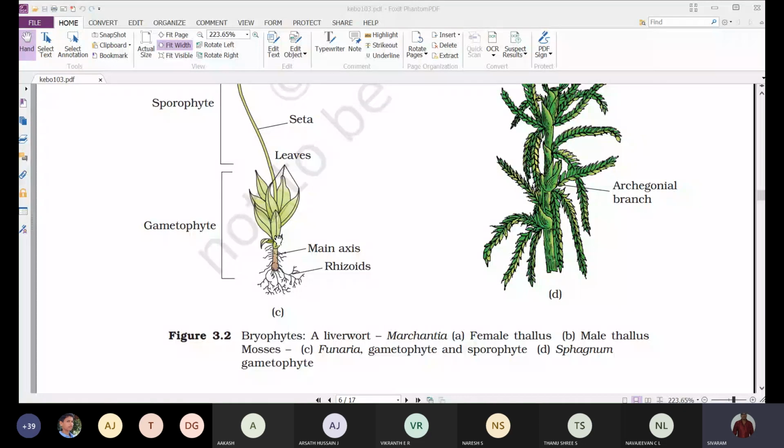The rhizoids of the secondary protonema are multicellular in nature, and the main axis looks like a stem, with leaf-like structures. This stage represents the secondary protonema, or the second stage of a gametophyte, which develops from the protonemal stage or first stage.